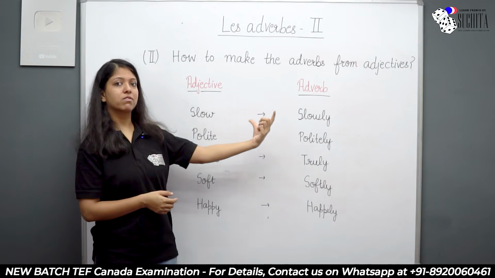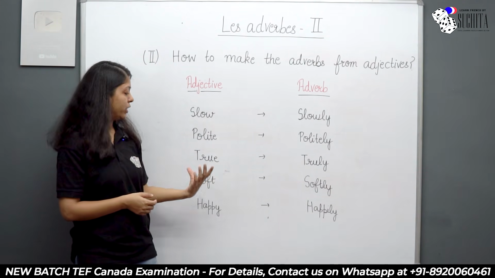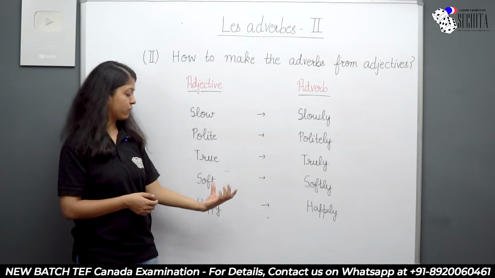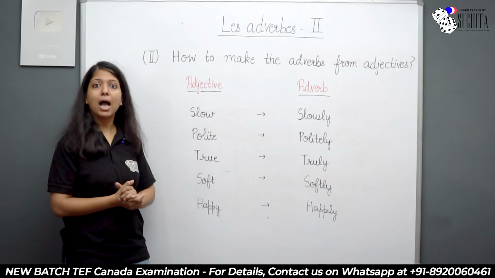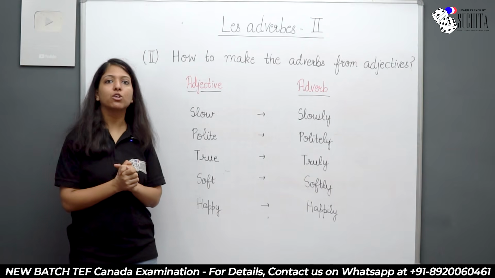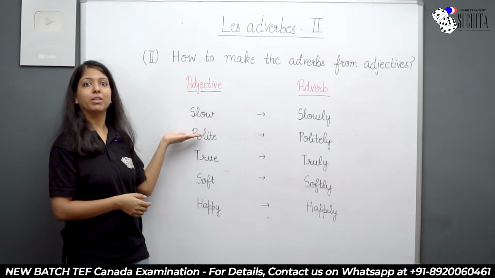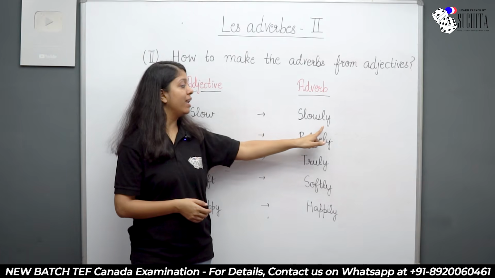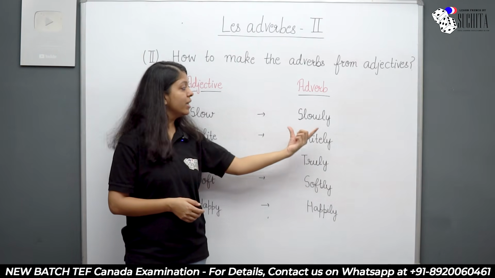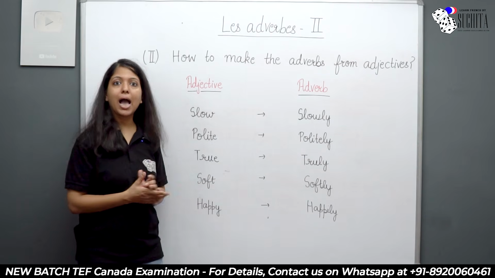So slow, slowly, polite, politely, true, truly, soft, softly, happy, happily. Now all of them are adverbs. Are you observing a pattern over here? In order to make the adverbs from the adjectives, we are adding ly.